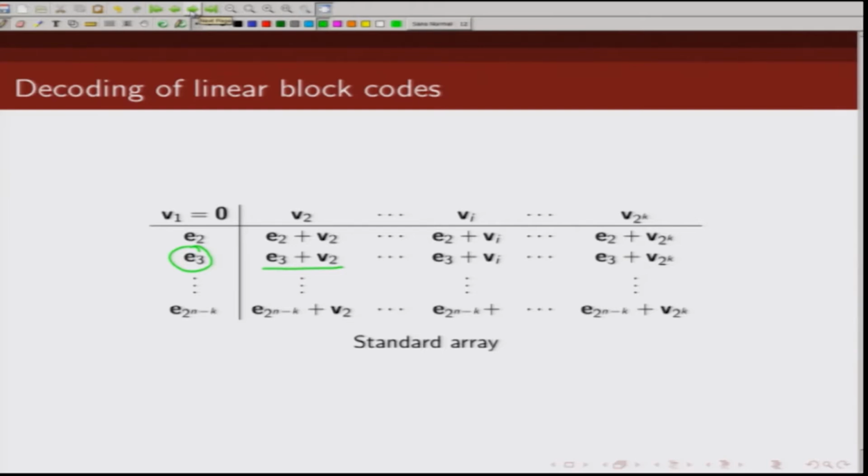Next we pick up an element, an error vector which has not happened in any of the previous rows, and then we add that error vector to each of the elements of these code words and put the new element under the same column as that code word, and we continue doing that until we have put all the possible vectors in this array.